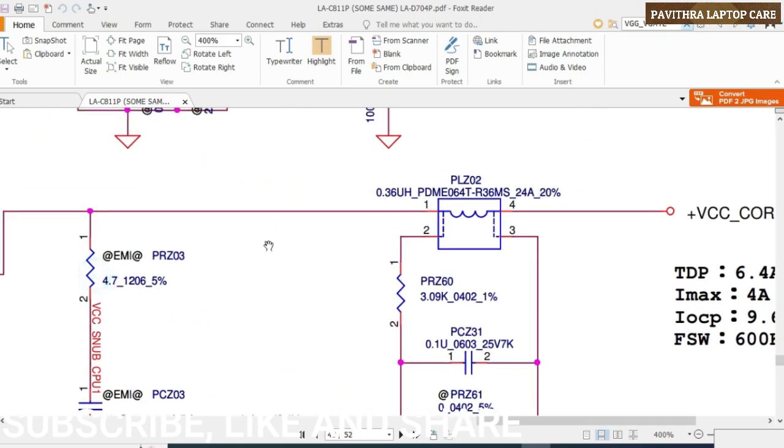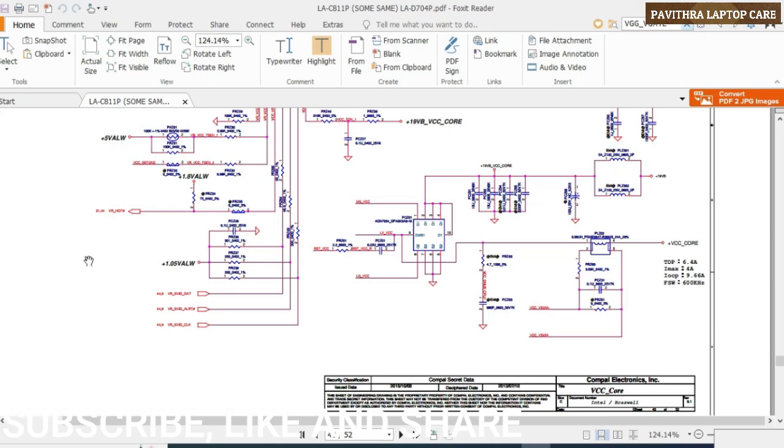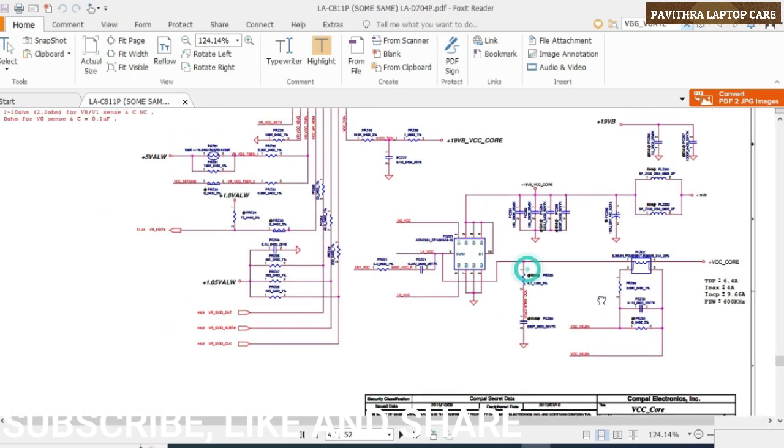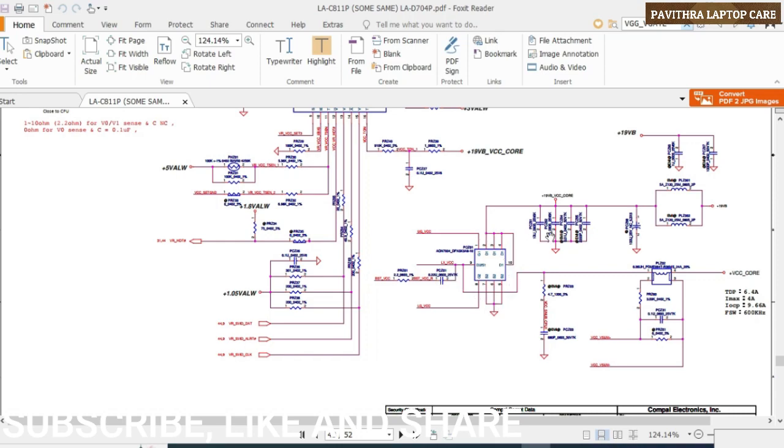Now once again, I will finalize the checking points. First we checked this coil here, and the impedance was 0.01 like that. Next we checked that this particular IC was not there; this is a dual MOSFET.